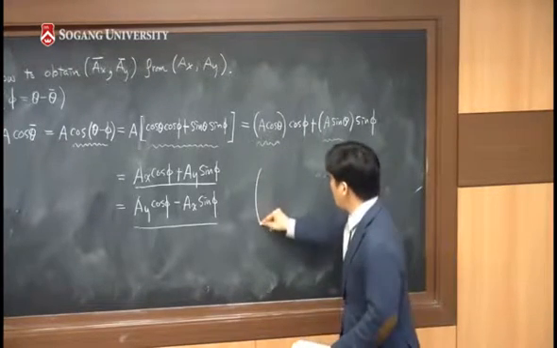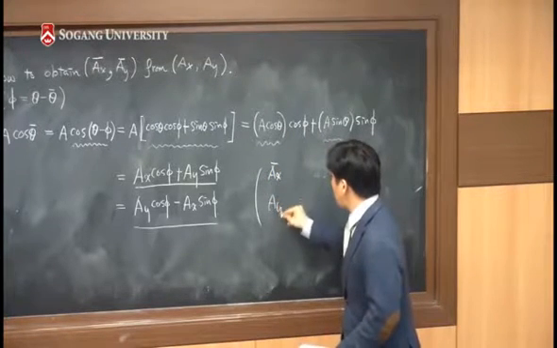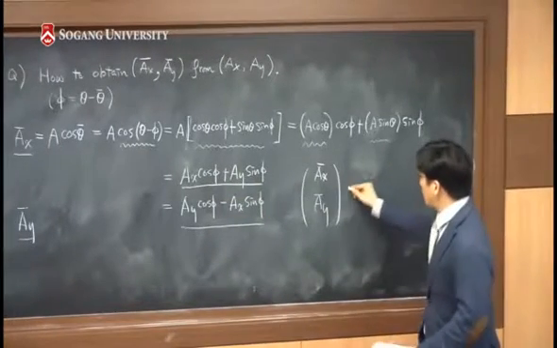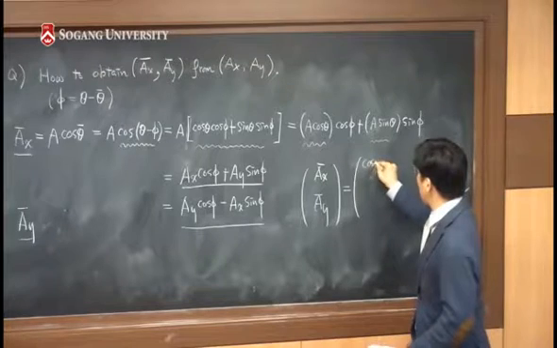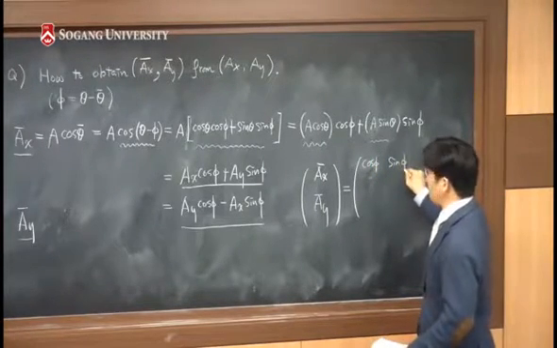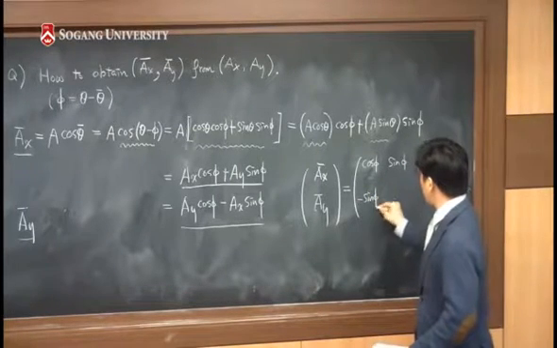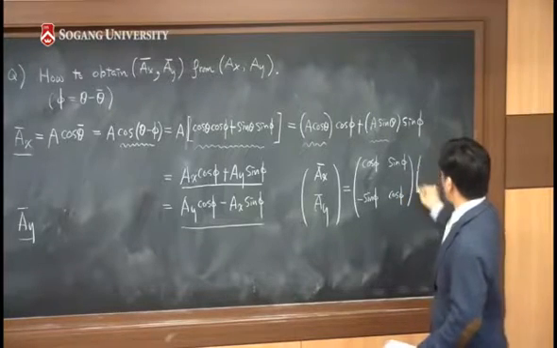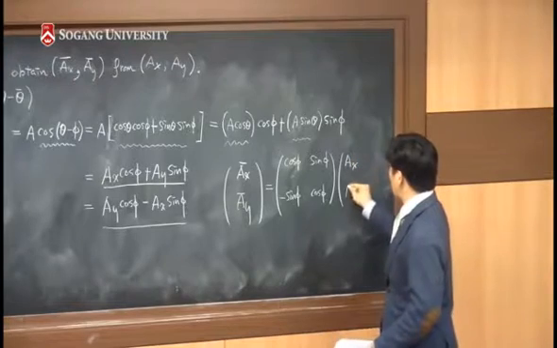If we write them together, these can be written as cosine pi and sine pi, and minus sine pi and cosine pi, like this. And there will be a x and a y. Okay?